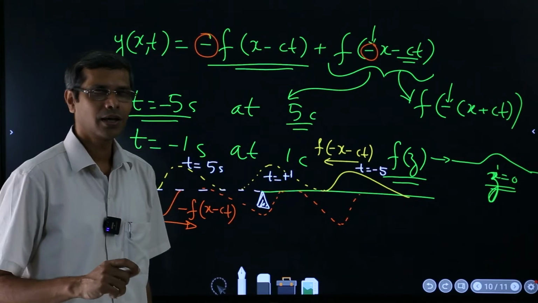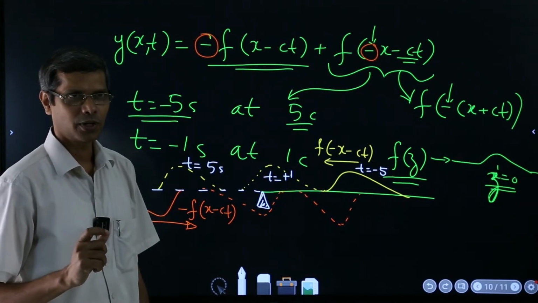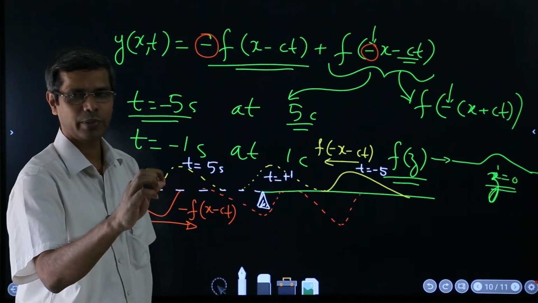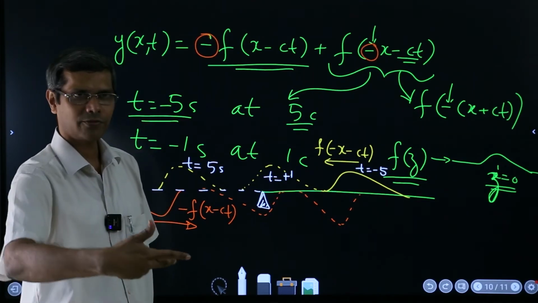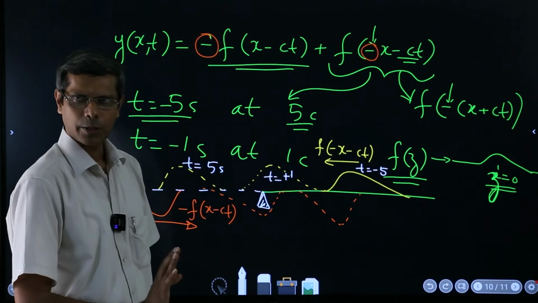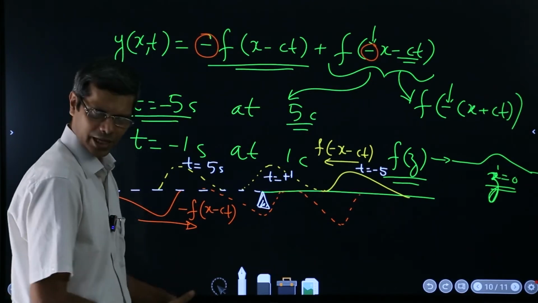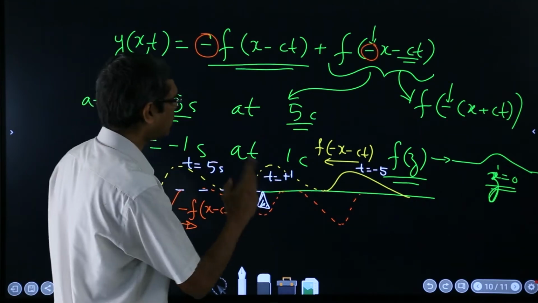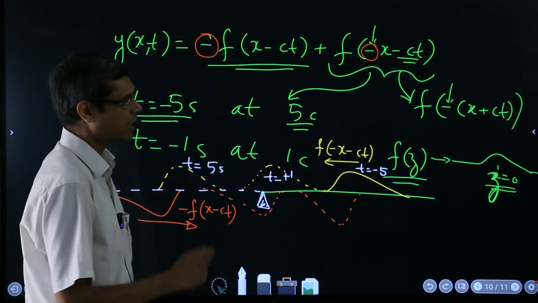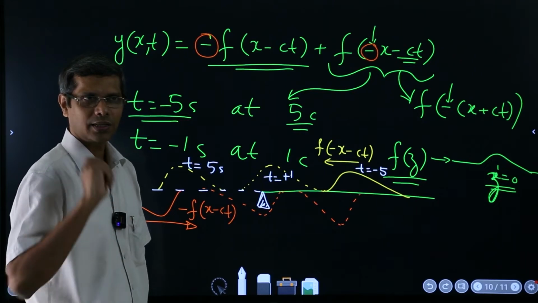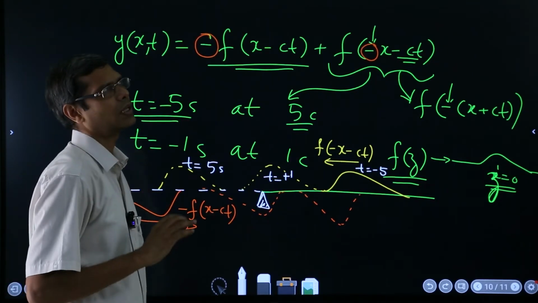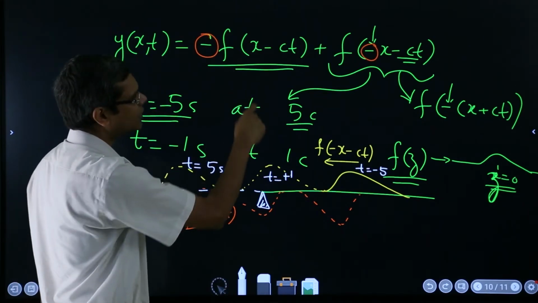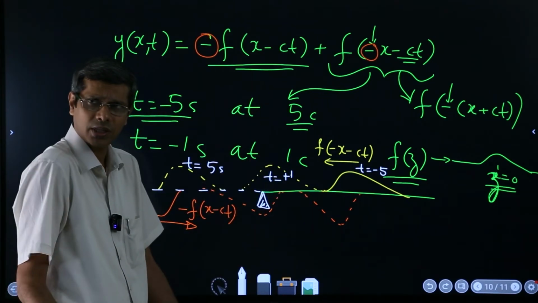This you have studied, I think, in your 12th standard also, that when a wave meets a rigid end, it gets flipped and goes back, right? So the same thing, this is another way to look at it which will be helpful in evaluating things. That is helpful in imagining or visualizing. This is helpful in doing maths, but both are the same.